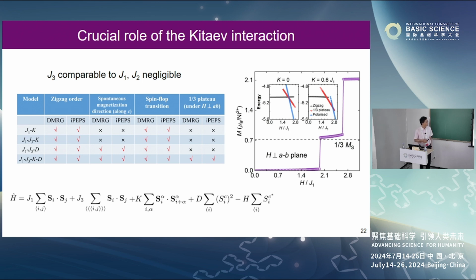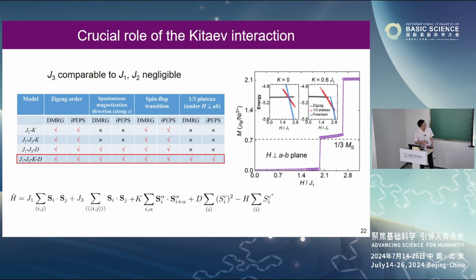The key finding is that in this material, the third neighbor exchange coupling is comparable to J1. However, J2 is negligible. And only if you include Kitaev interaction can you explain all the experimental observations. So this is the key result from their calculations.